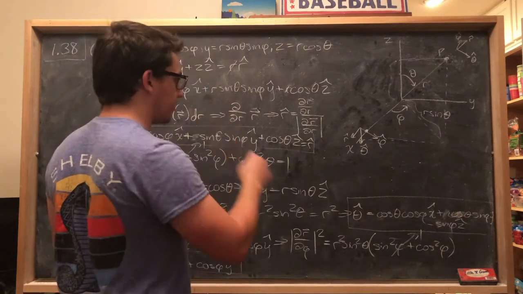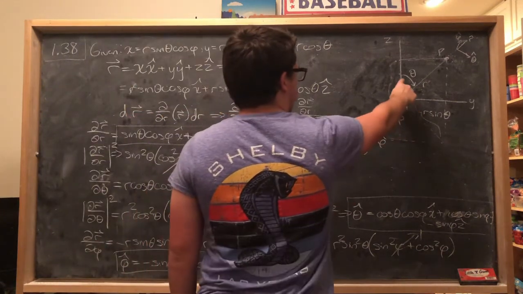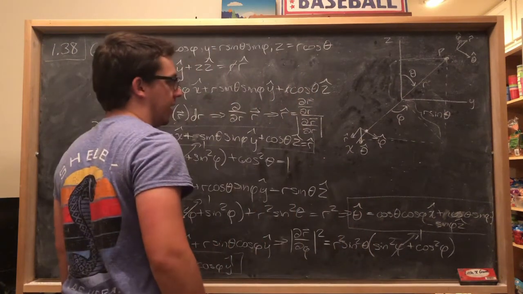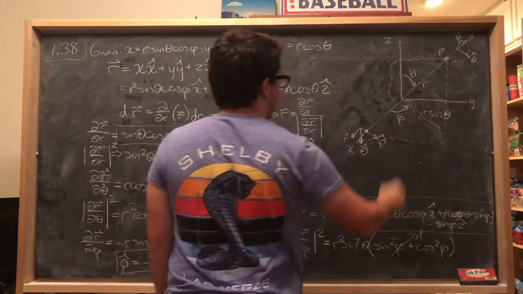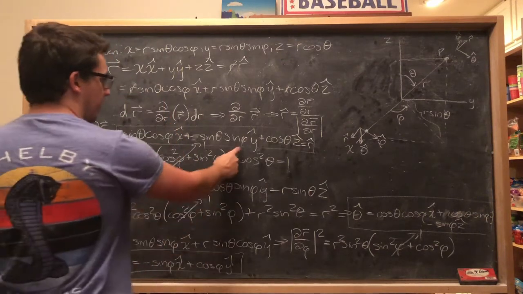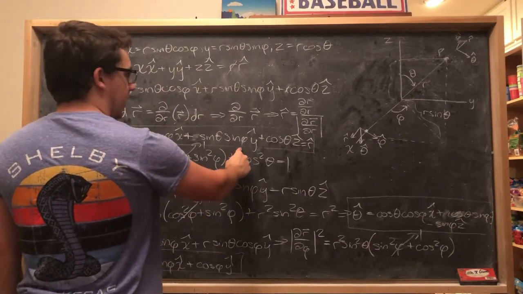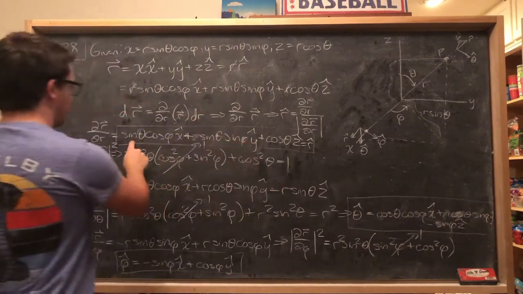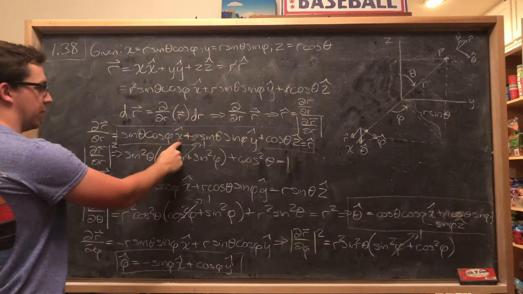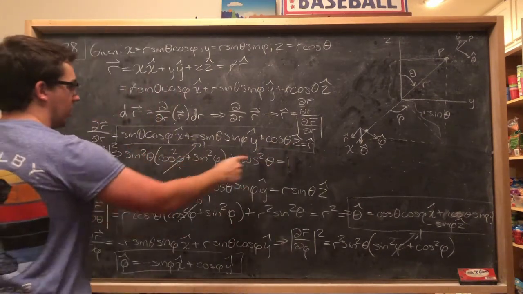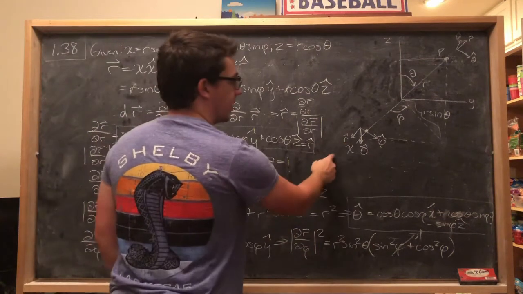So r hat, for a polar angle of pi over 2 and an azimuthal angle of 0. So azimuthal angle of 0, this goes to 0, and so this would be 1 times 1, so this would be x hat, and this would be 0, so then we'd have r hat in the x hat direction. That is what we get.